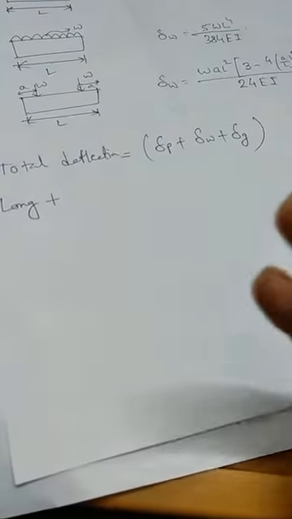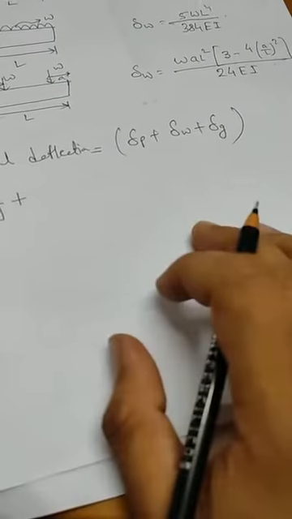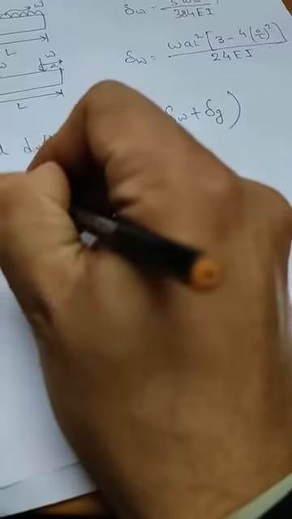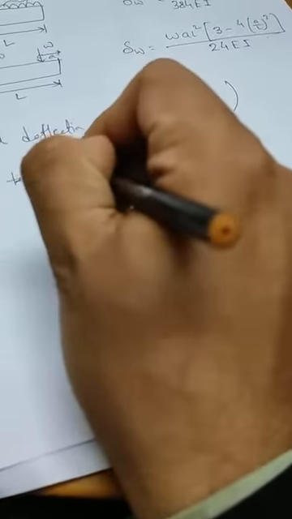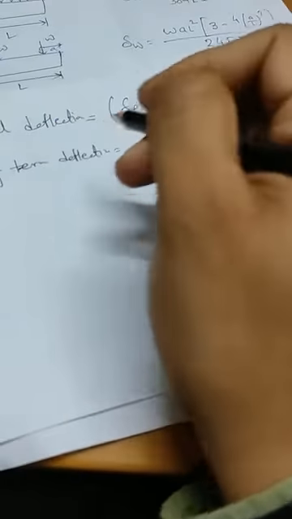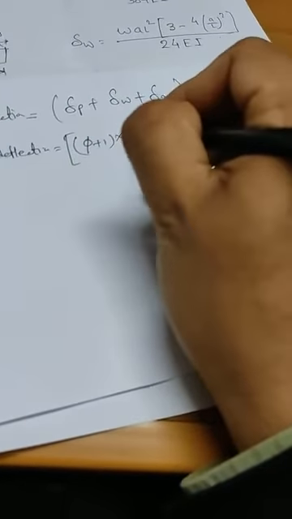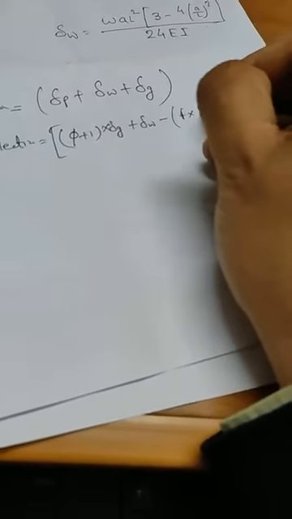So we have to include the creep of the concrete as well. So the long term deflection would be (1 plus phi) into del G plus del W minus F into del P.